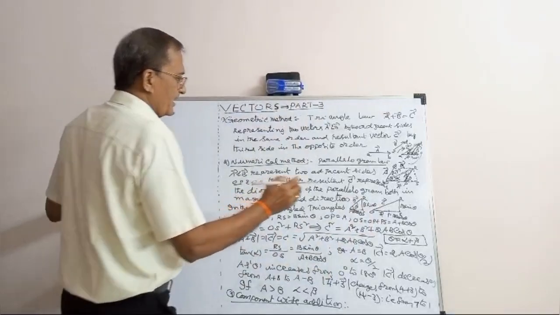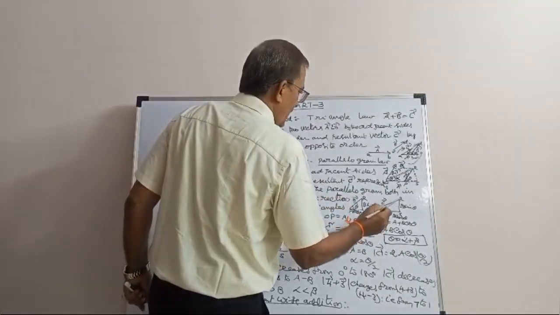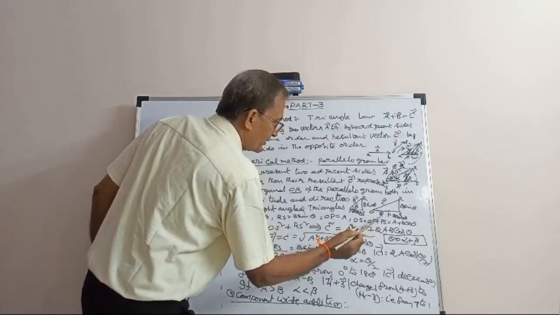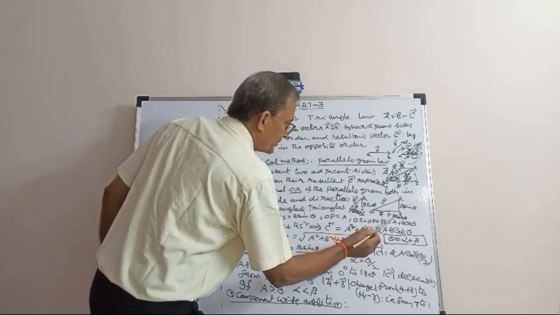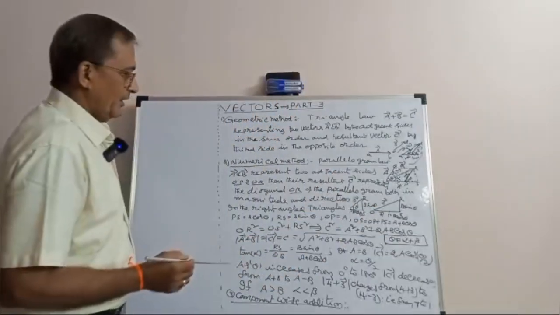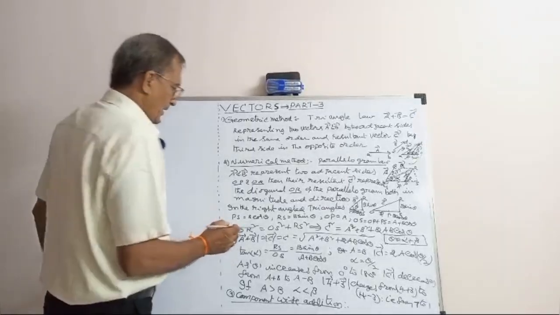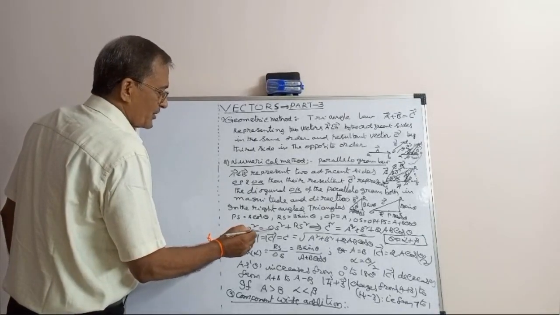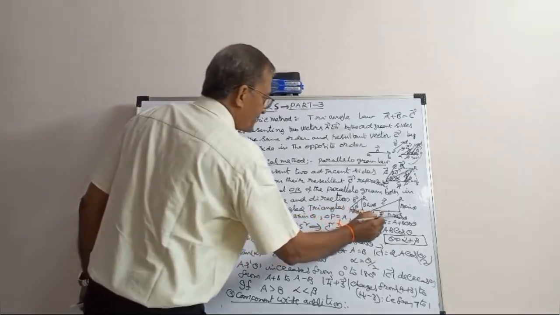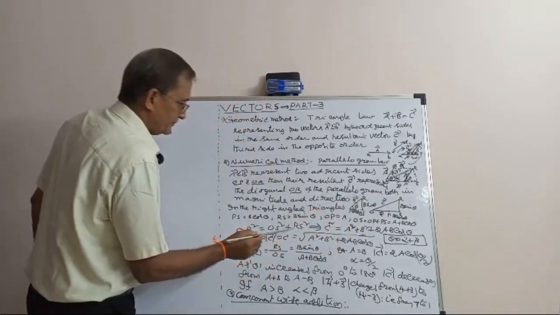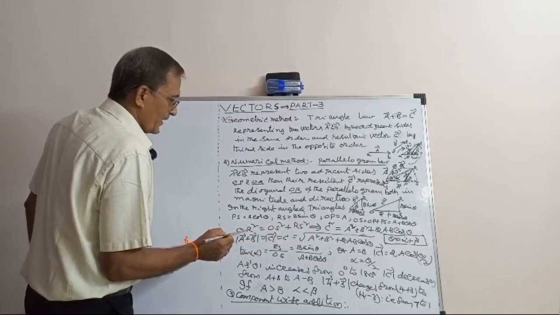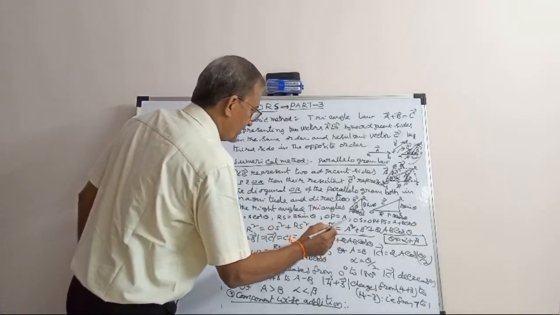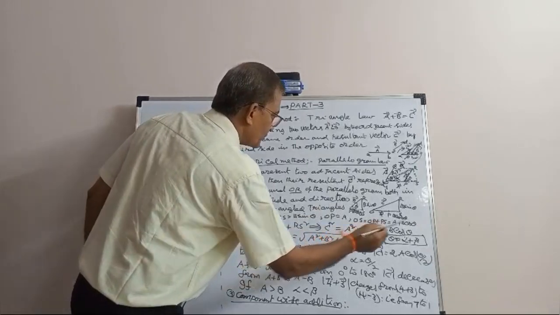And in this big right angle triangle OSR, this OS consists of two parts, OP which is equal to A and PS which is equal to B cos theta. From Pythagoras theorem, this hypotenuse OR square is equal to the sum of the squares of the two sides, OS square and RS square. And OR square is nothing but C square. And OS square is nothing but OP plus PS whole square.